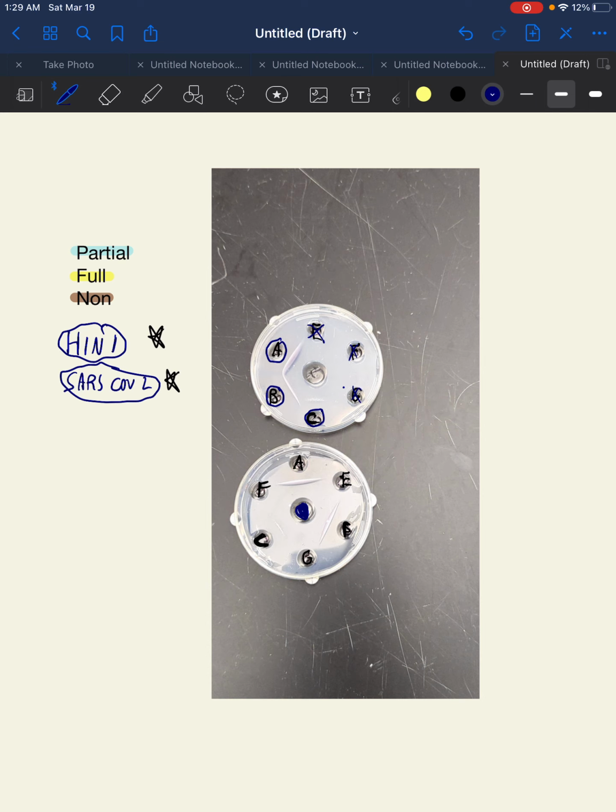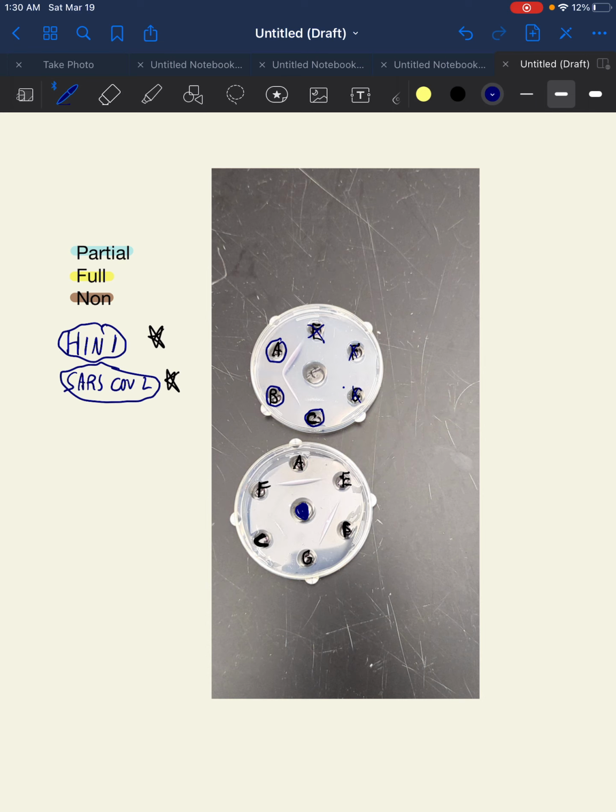But with that being said, now that we know what wells actually have SARS-CoV-2, we can determine the relatedness between all of the SARS-CoV-2 on here. So we can determine if it's the same strain, a partially related strain, or a non-identical strain whatsoever, meaning the strains are completely different. They share no similarities. They're just the same type of pathogen. So basically that would just determine that they're SARS-CoV-2.